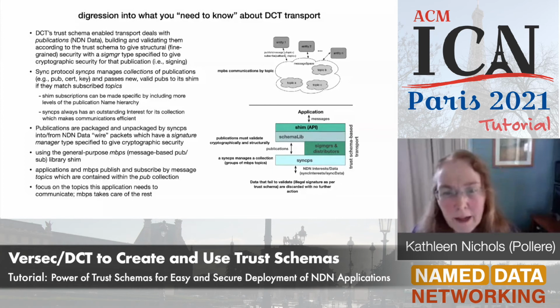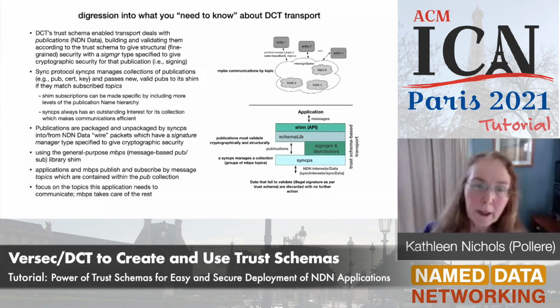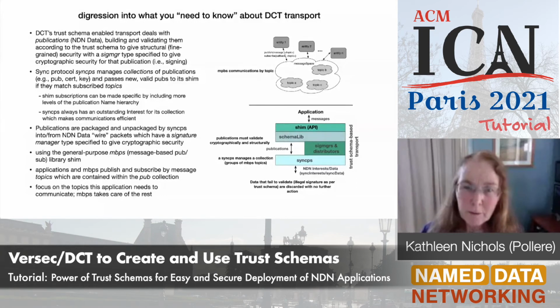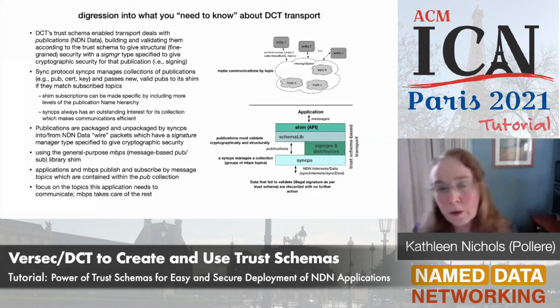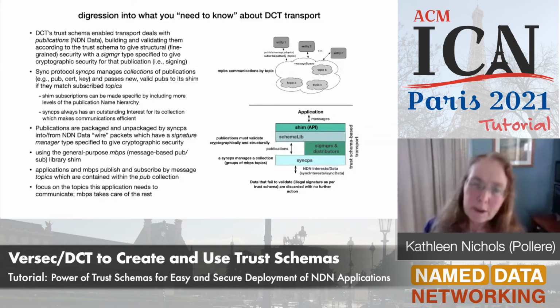That makes use of library functions in our schema lib, which takes care of validating those publications, both cryptographically, which is the signing and validation of the signature, and also structurally, which means the fine-grained part: do you have the right cert to say all those things that you said?